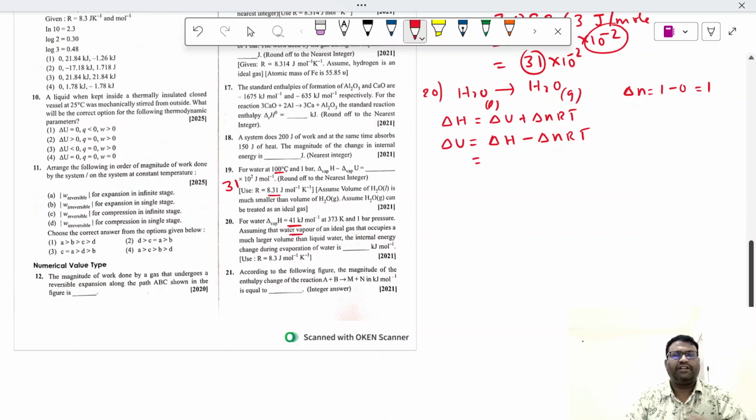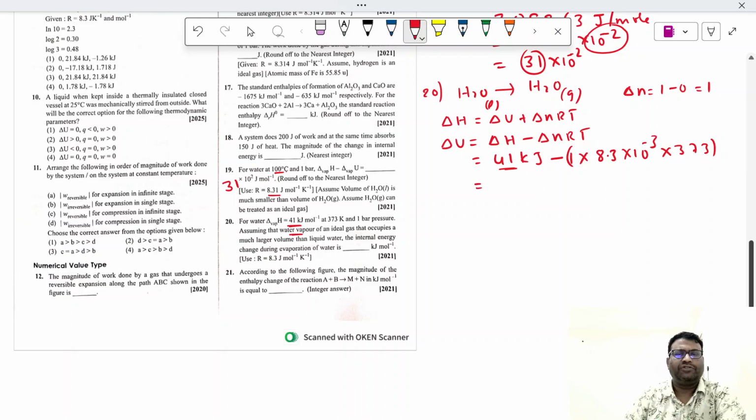Delta H is given as how much? 41 kilojoule per 1 mole minus delta n is 1 into R value given 8.3 into 10 power minus 3, because we have taken kilojoule here, into temperature 373 Kelvin given in the question.